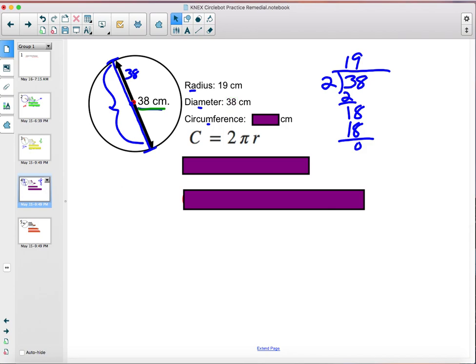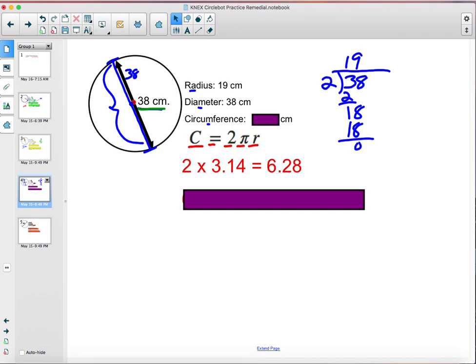So now we get to figure out the circumference, and again, circumference is equal to the formula of 2 times pi times the radius. We take 2 and multiply it by pi and get 6.28. Again, I would like to emphasize that there are other formulas for finding the circumference, but this is the one we've been first introduced to.